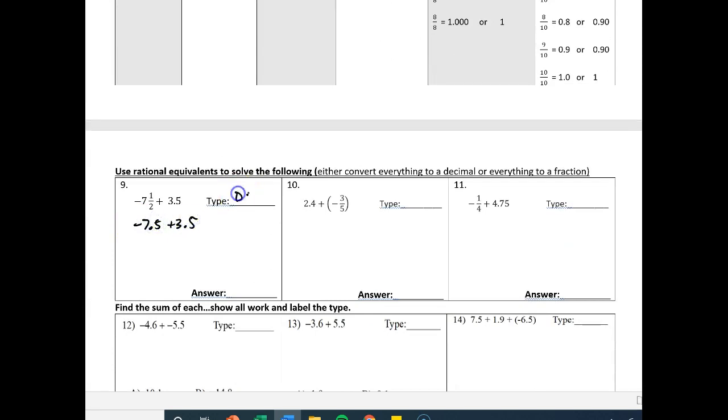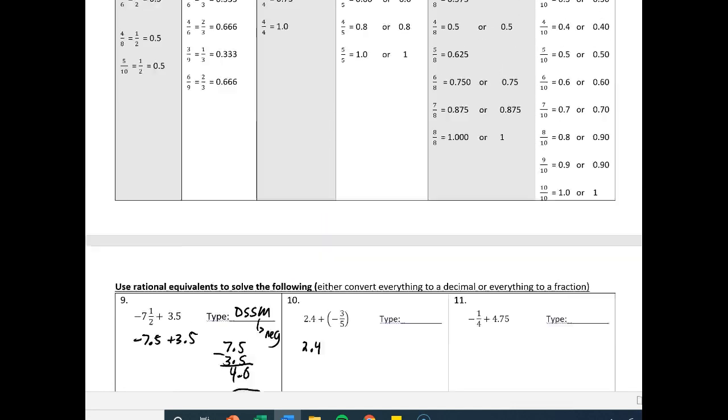And now I can work that as a DSSM problem. I have more negatives, right? So that's 7.5 up top, 3.5 down below, subtract them. You get 4.0. So it's negative 4.0 because you have more negatives. You could have also said 0.5 is 1/2 and done it that way, but I like just doing decimals.